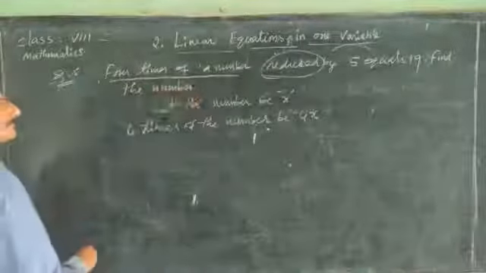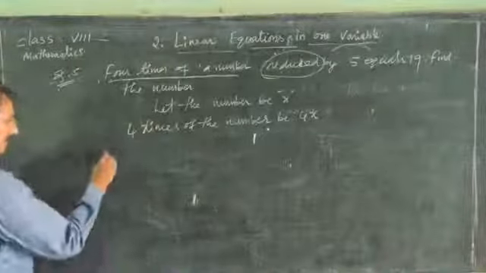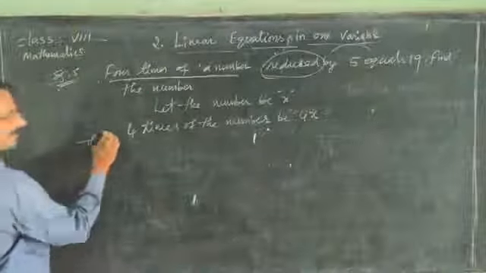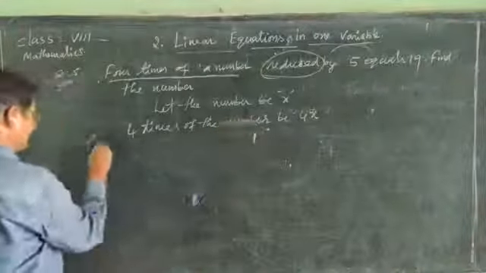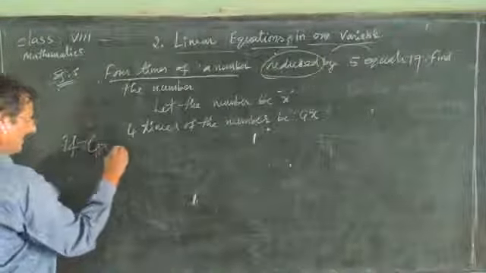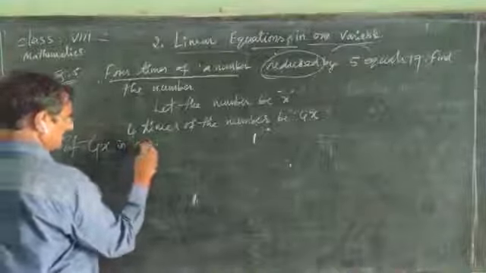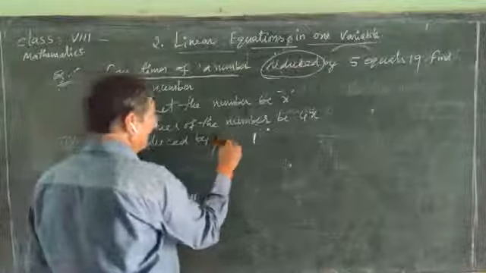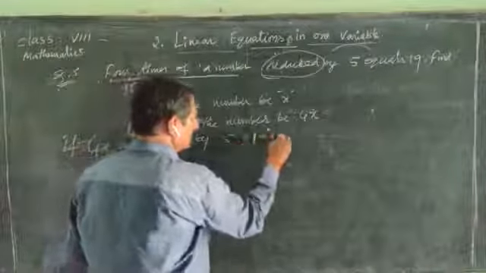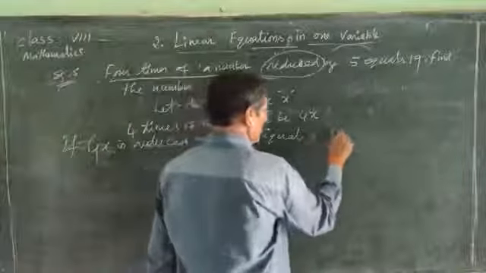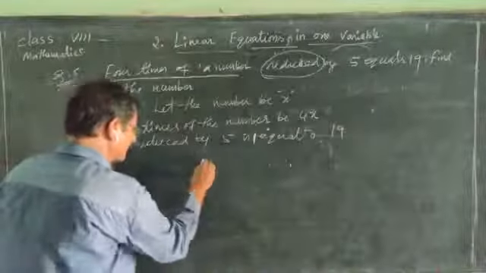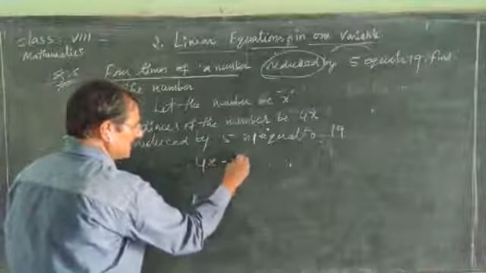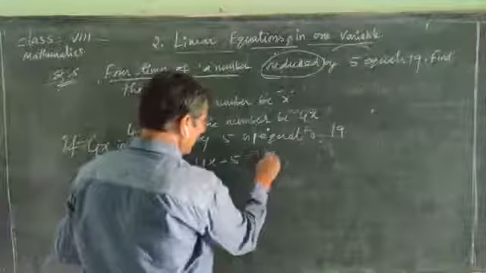If we reduce it by 5 it equals 19. So 4x, if reduced by 5, is equal to 19. Reduced is nothing but subtract, minus 5 equal to 19.